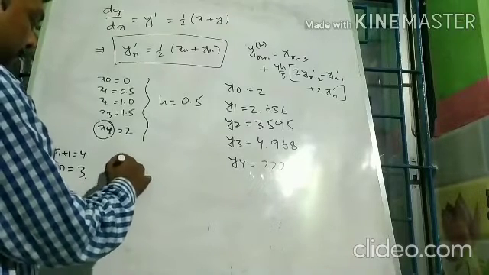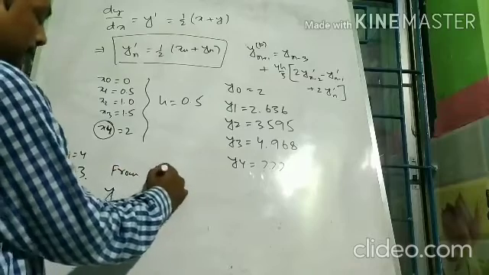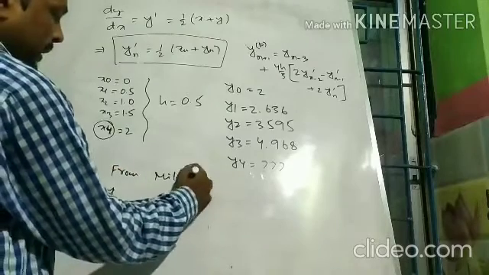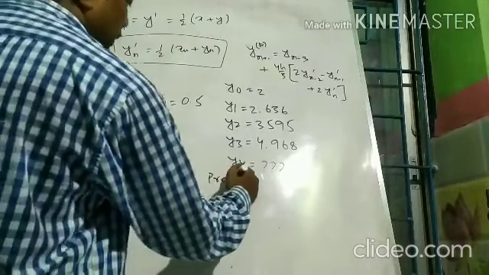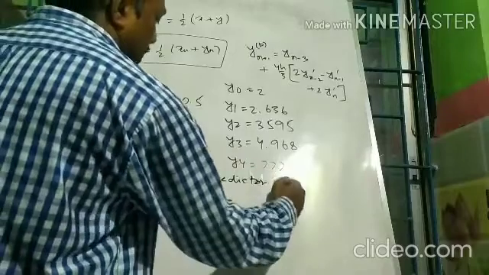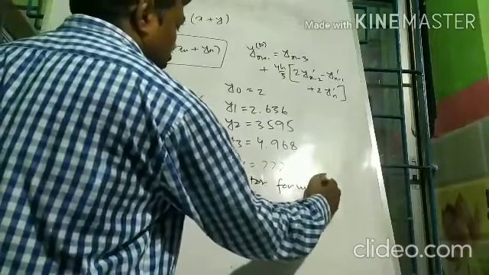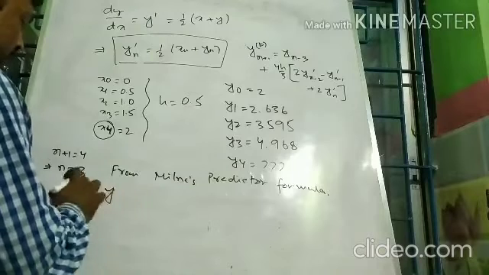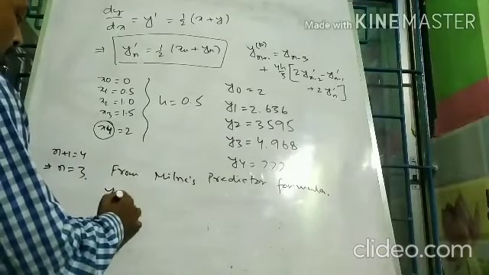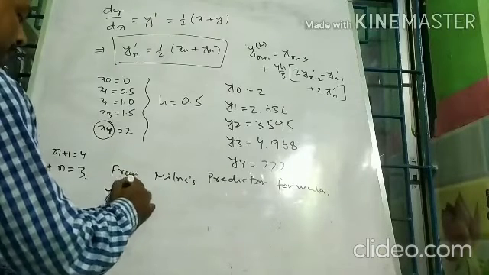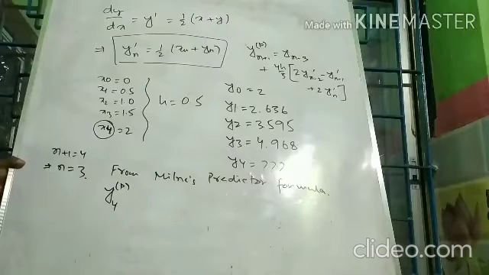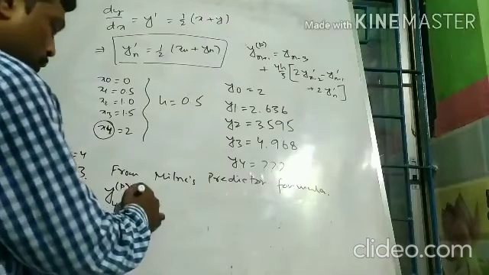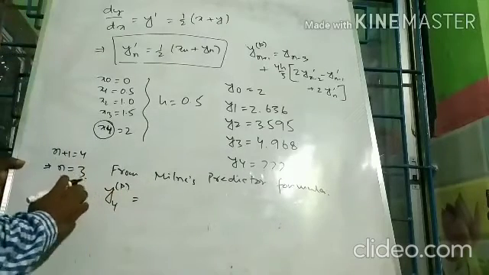From Milne's predictor formula, the predicted value of y4, in place of n just write 3.